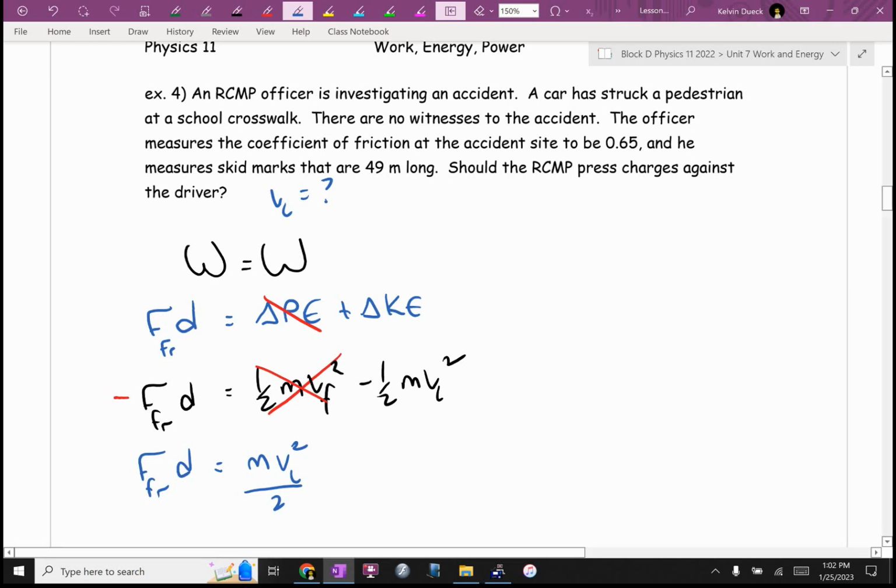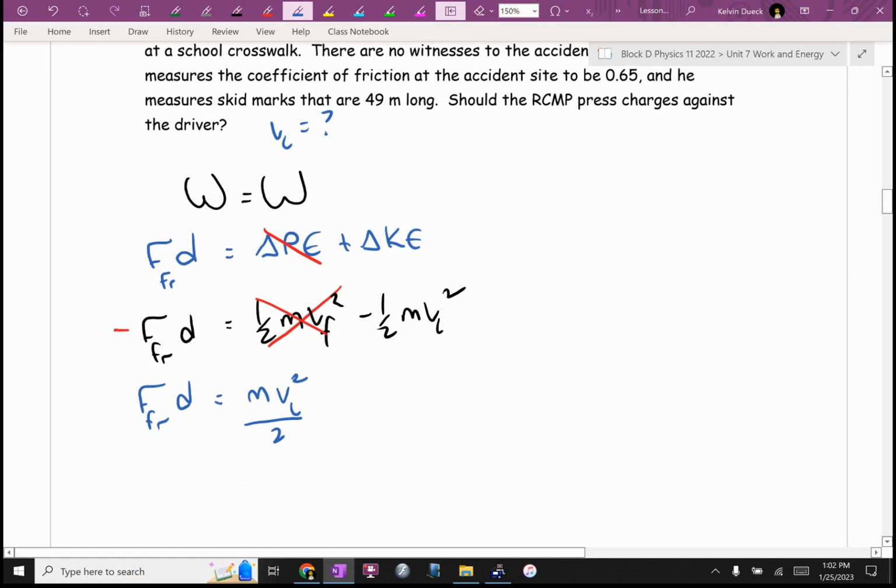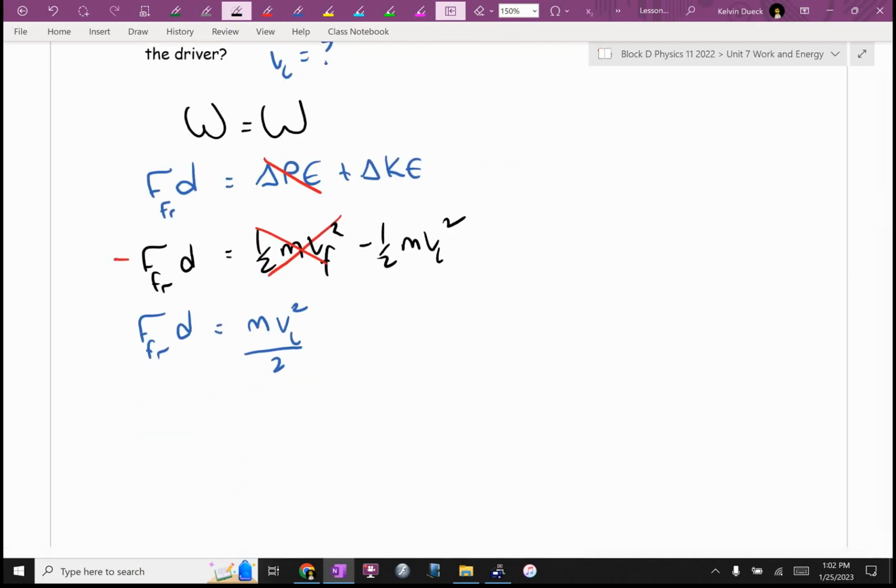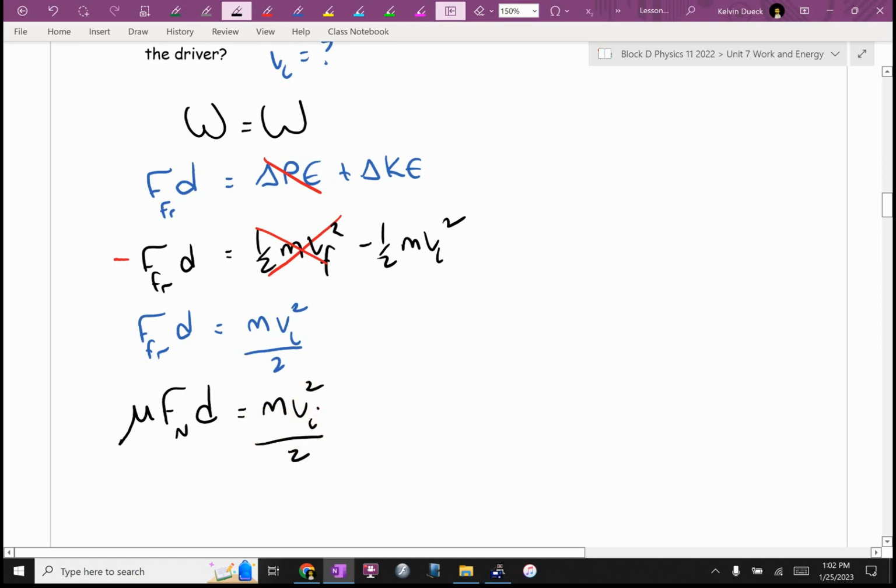Let's play around with the left side a little bit. Josh, friction is what times what? You just told us about 5 minutes ago on your green sheet. Okay, mu times the normal force times distance equals m v i squared over 2.